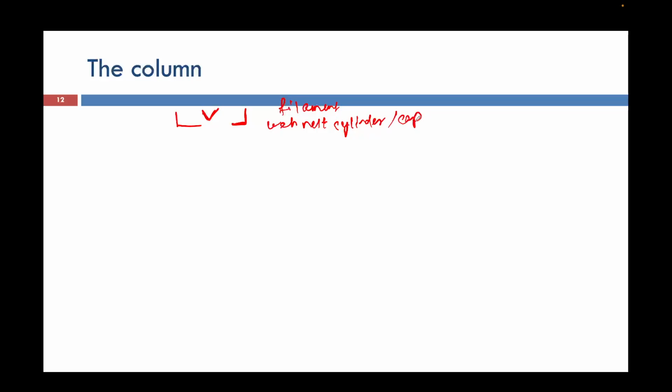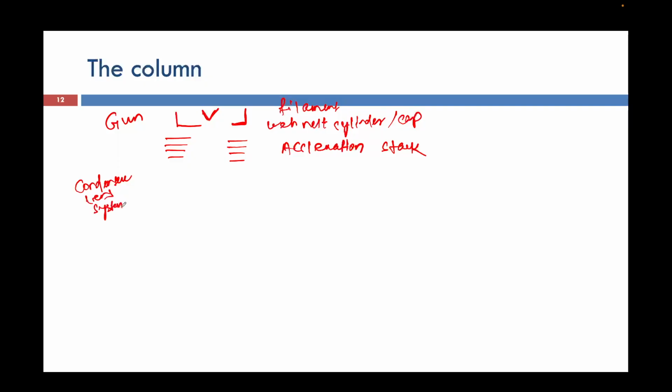So this is the gun. Then there come the acceleration stacks, which give some acceleration potential to the upcoming electrons. And then after the gun and acceleration stack comes the condenser lens system.